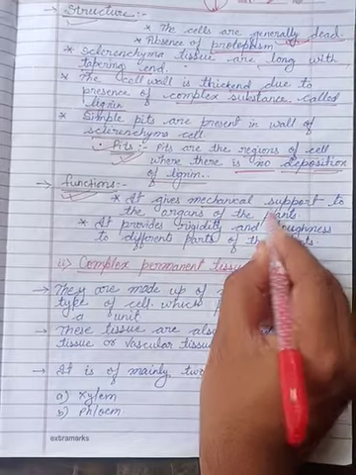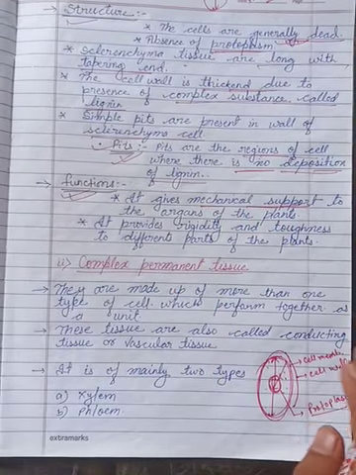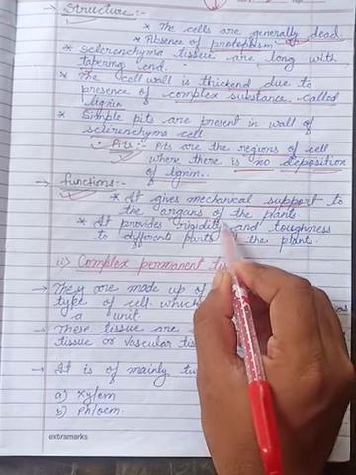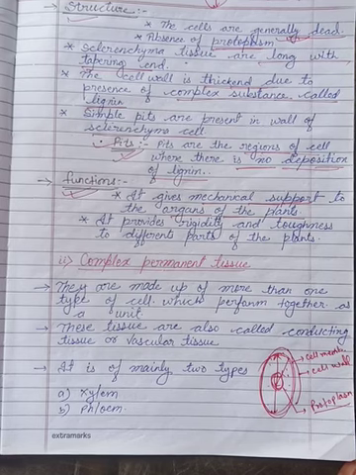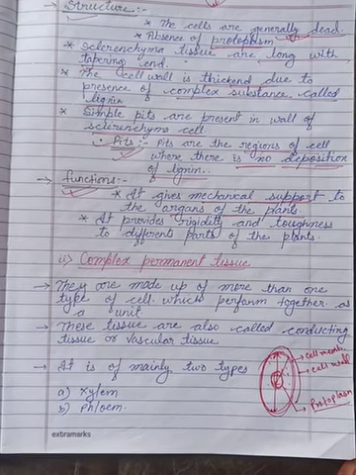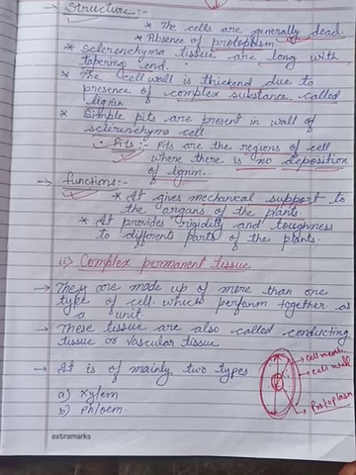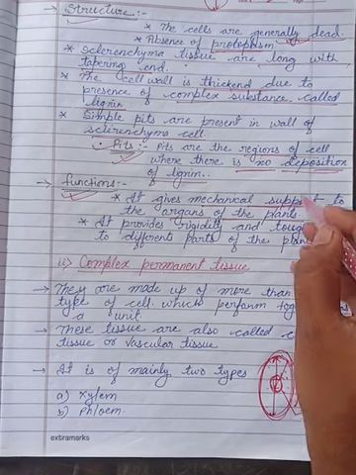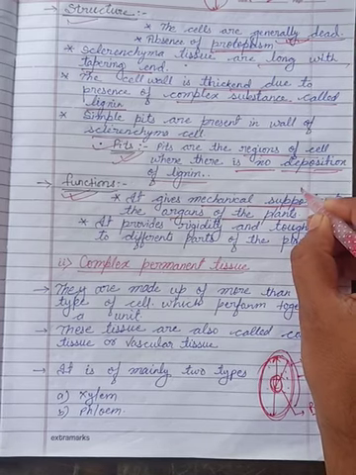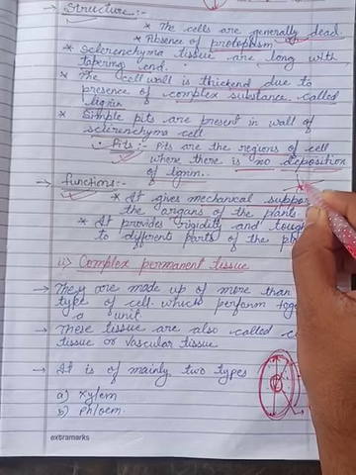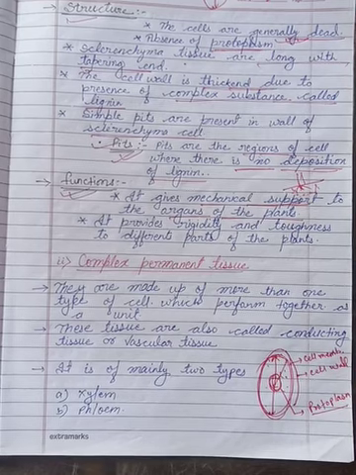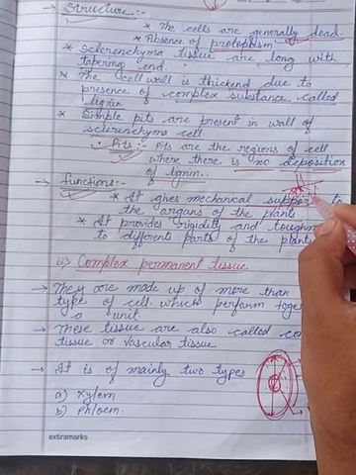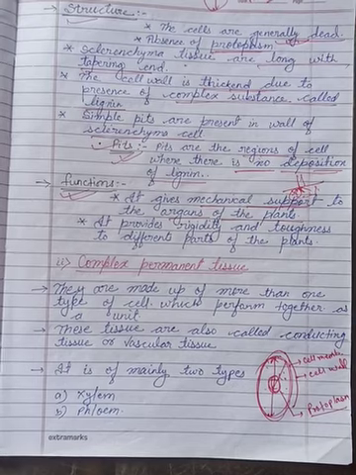Now about the function. It gives mechanical support to the organs of the plants. What is the meaning of mechanical support? It means the plant is not broken down when a strong wind crosses, because it is supported by the root of the plant and is strongly bonded with the soil.